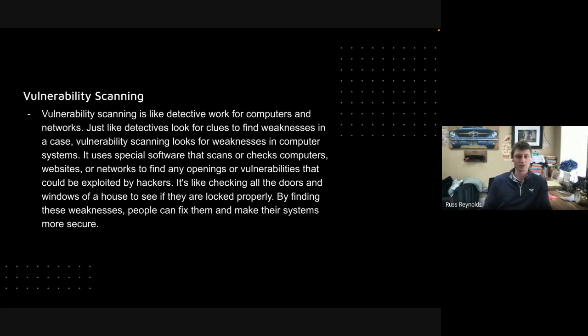It's going to use special software to check your computers, your websites, and your networks for any openings or vulnerabilities that would leave you exposed to hackers. It's just like checking all the doors and windows at your house at night before you go to sleep, making sure that they're locked properly. The software is going to be doing that 24/7 on all your systems, and it's going to give you reporting to let you know if you have any vulnerabilities and how to fix those problems.